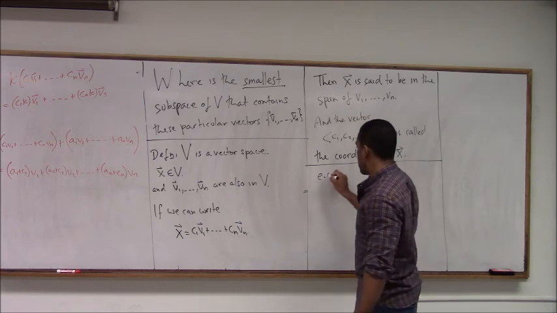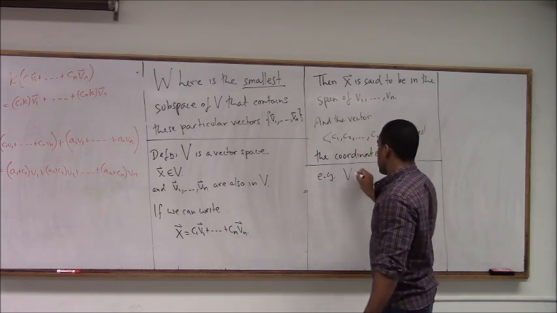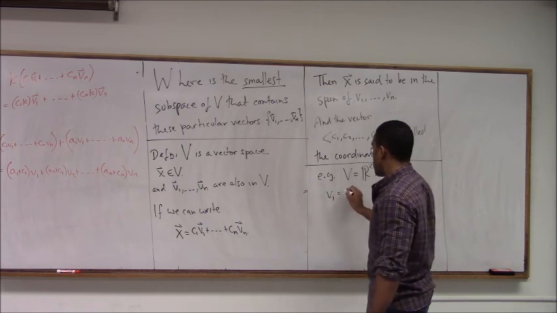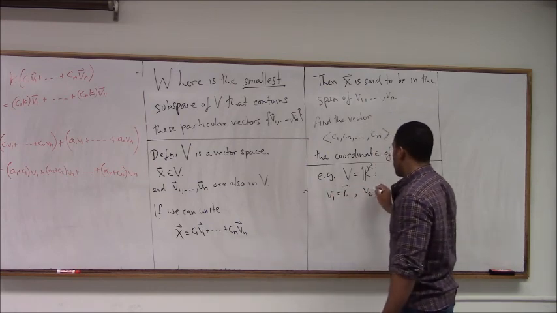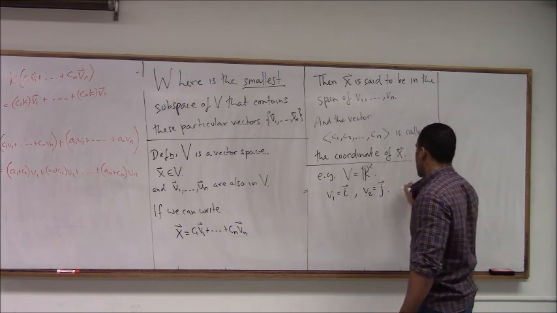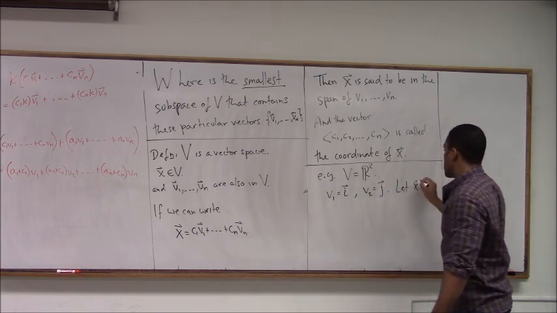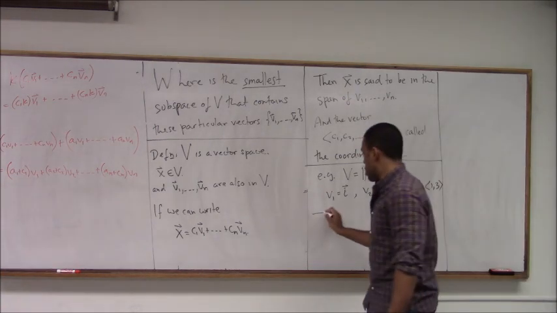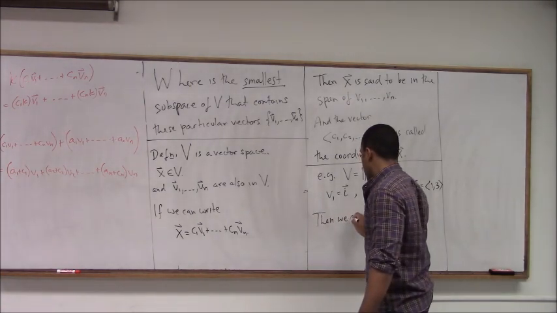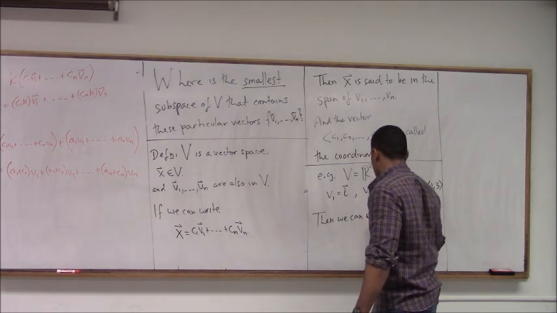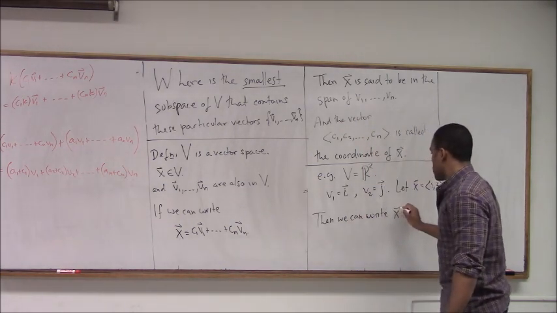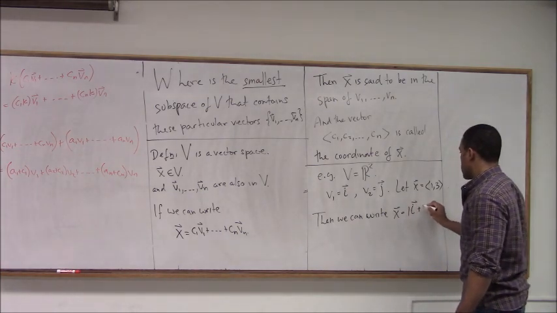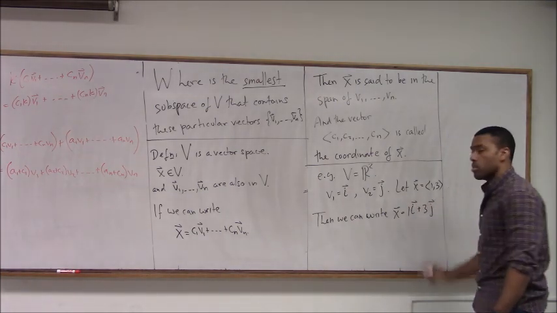So, example: let V be R2. Let v1 equal the i vector, v2 equal the j vector, and let x equal the vector, say, (1, 3). Then we can write x equals 1 times the i vector plus 3 times the j vector.